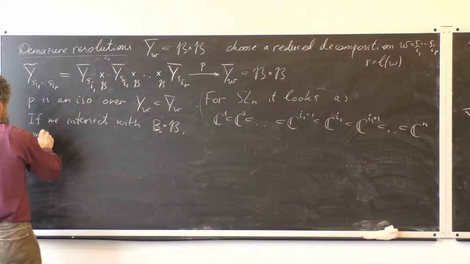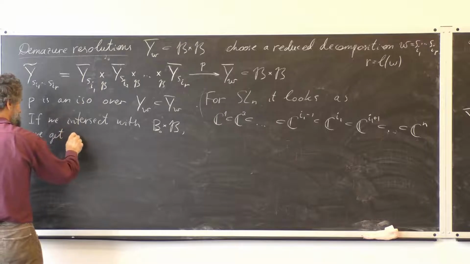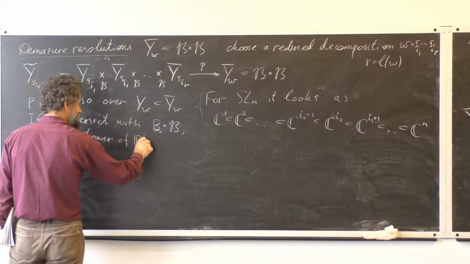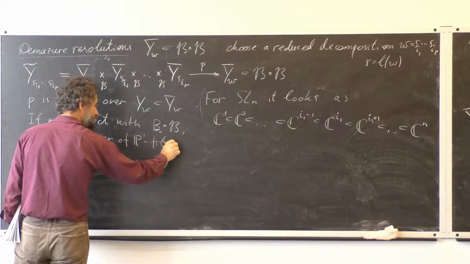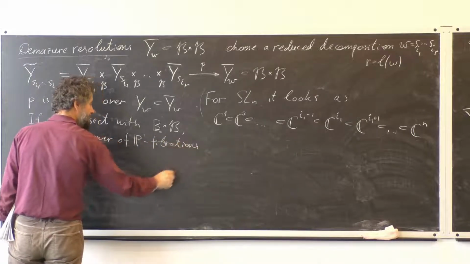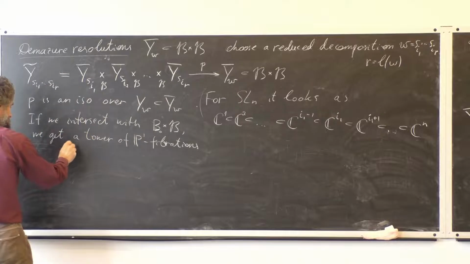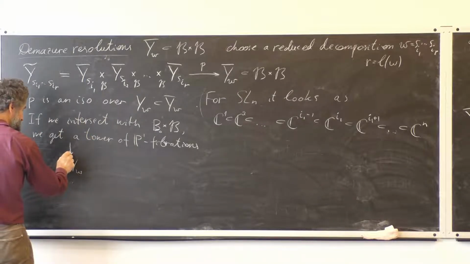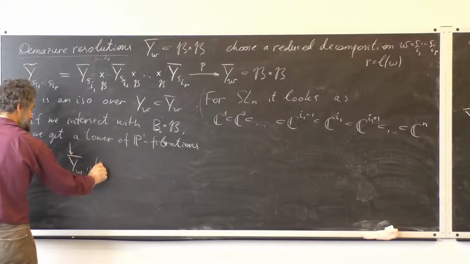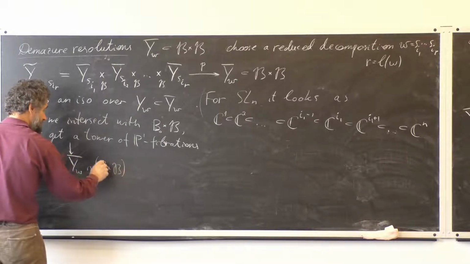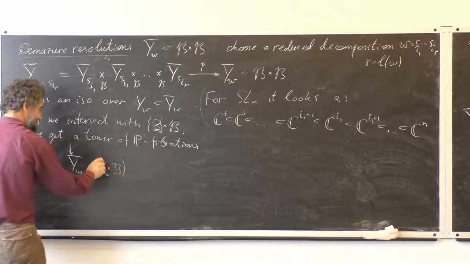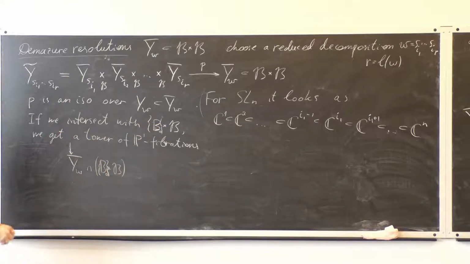We get a tower of P1 fibrations that projects onto y_w, again intersected with B times the flag variety.